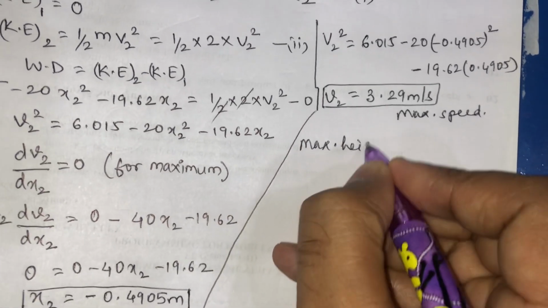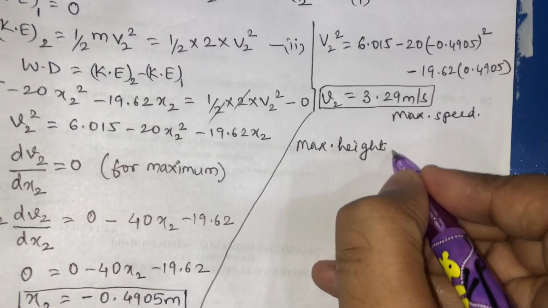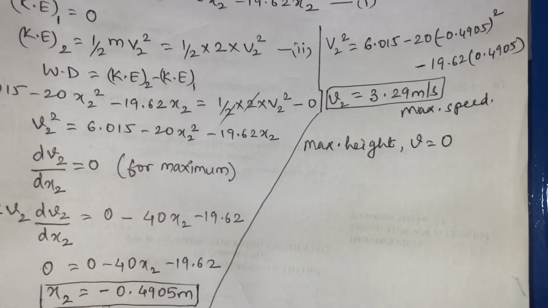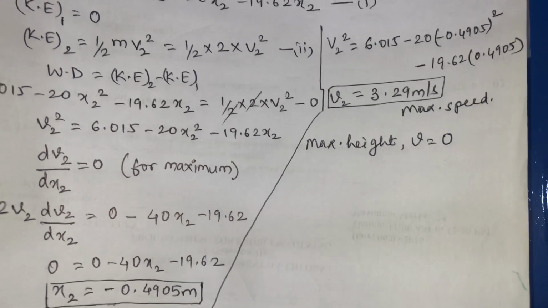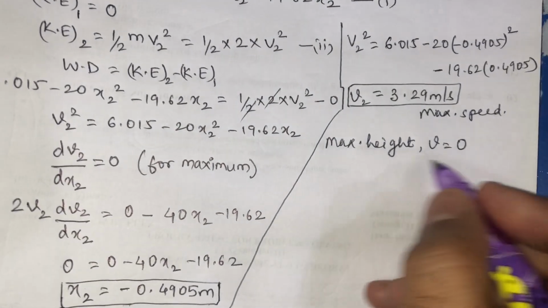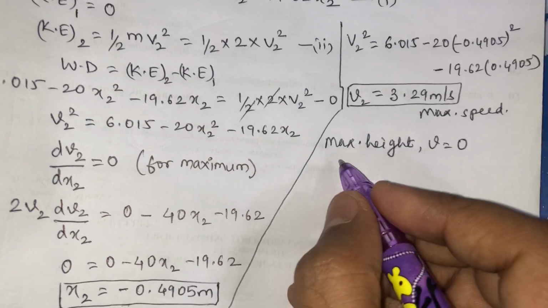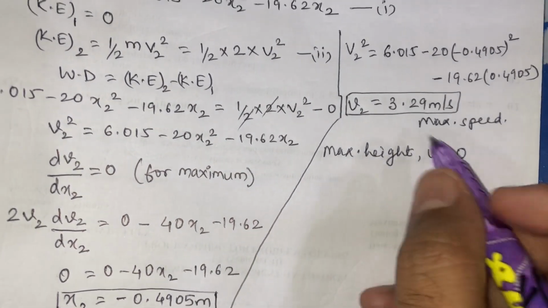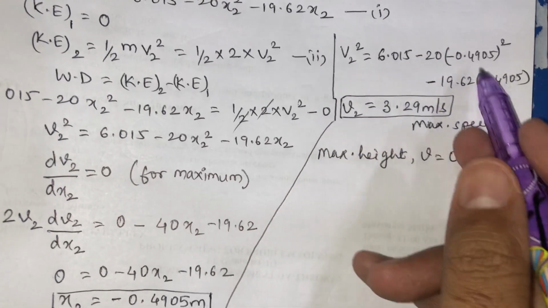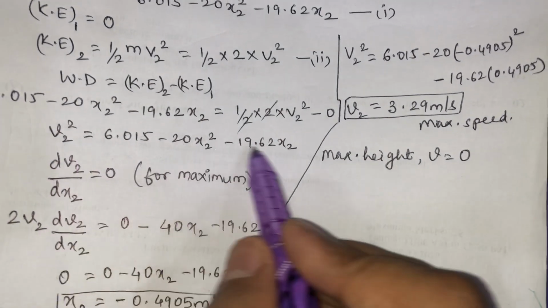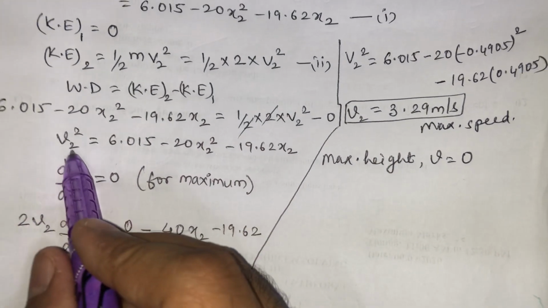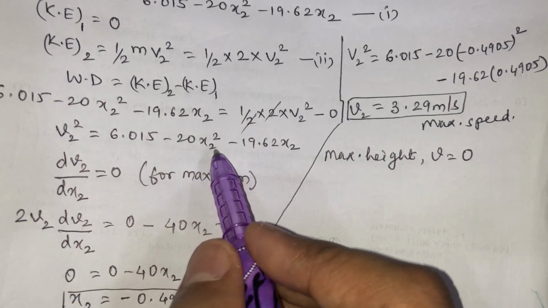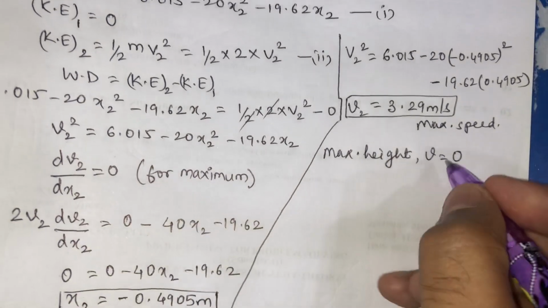For maximum height, my velocity should be 0. This is the condition I was explaining, that unless and until my velocity becomes 0, I will not be able to reach the maximum height. So if velocity is 0, in this equation, whatever I get in x2 can be considered as the maximum height.